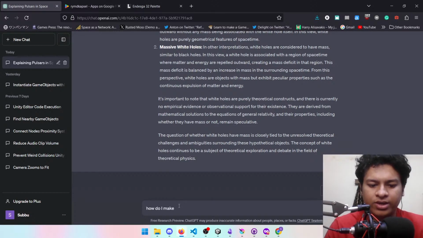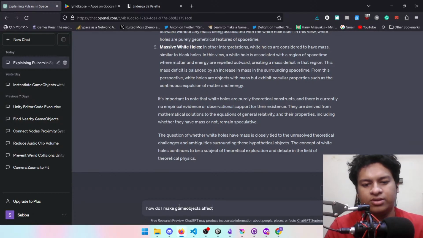How do I make game objects affect each other?